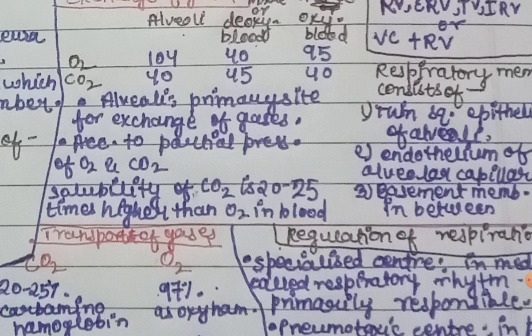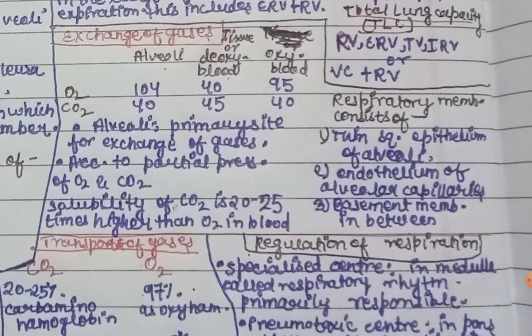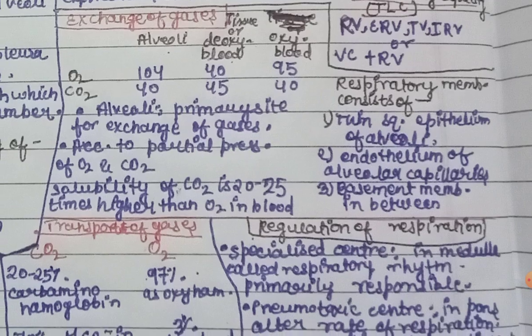According to partial pressure of oxygen and carbon dioxide, solubility of carbon dioxide is 20 to 25 times higher than oxygen in blood. Respiratory membrane consists of thin squamous epithelium of alveoli, endothelium of alveolar capillaries, and basement membrane in between them.